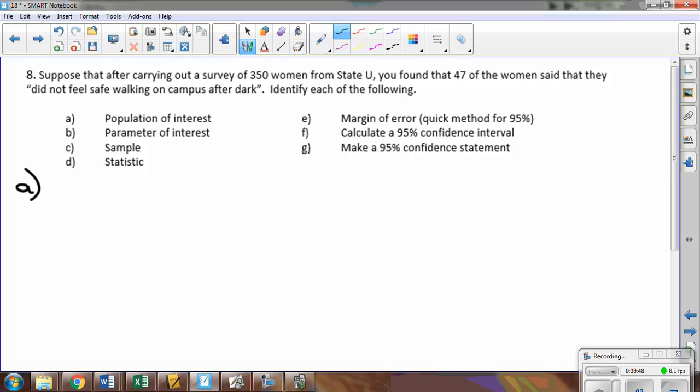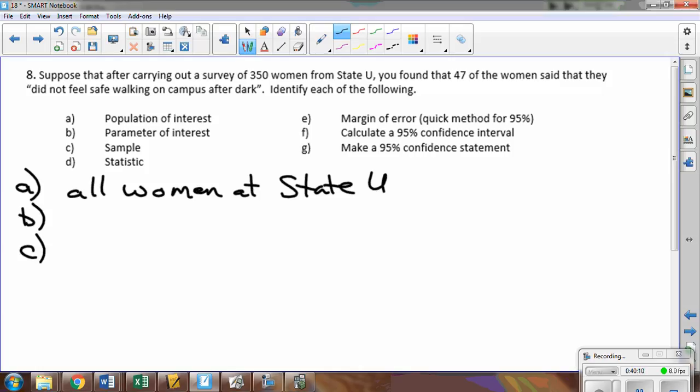So it's not the 350 because it's not only 350 women in the entire school. It's all the women at State University. Related to that, though, that group of 350 women that we're asking, that's the sample. The 350 women who are surveyed is our sample, so we've already got that for question C.